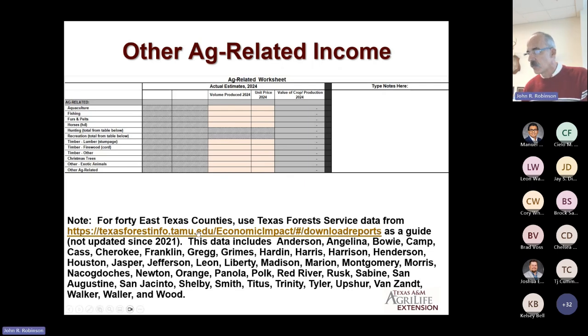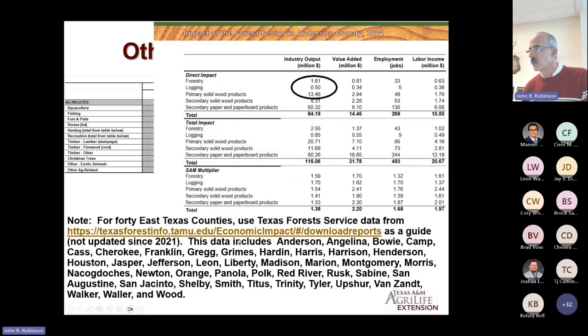And what he was talking about was down here where the Texas Forest info link, he was talking about this publication, and he was talking about these particular three sources of income: the forestry line, the logging line, and the primary solid wood products line. And I said, that seems like a great idea. And I just made an executive decision. Let's, at least for these counties, use those three numbers.